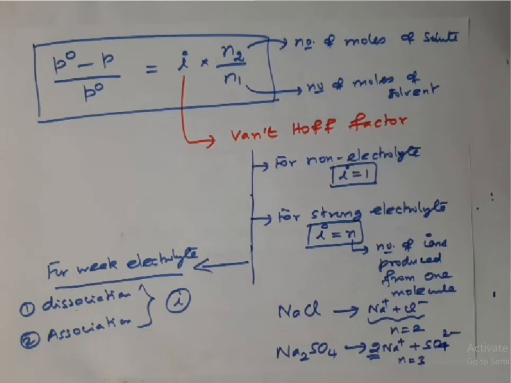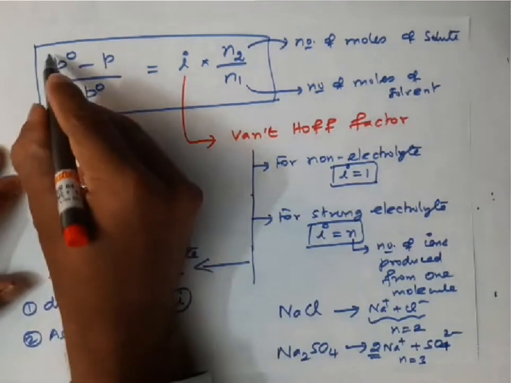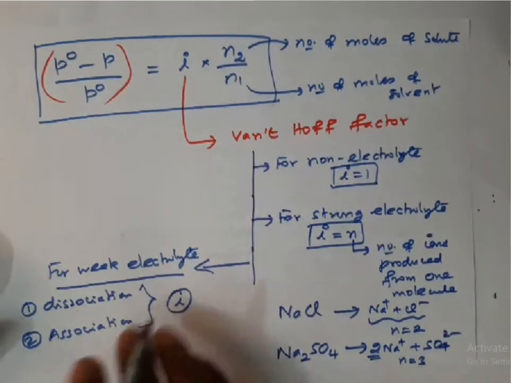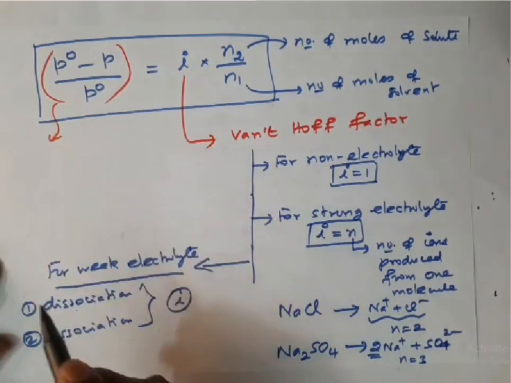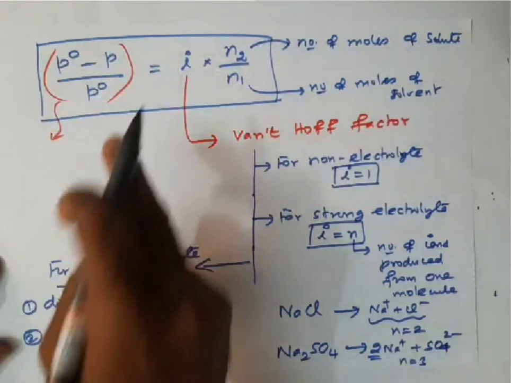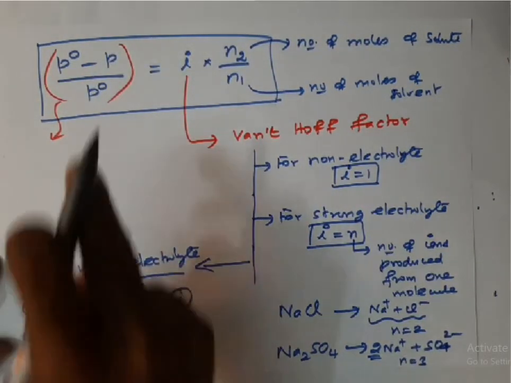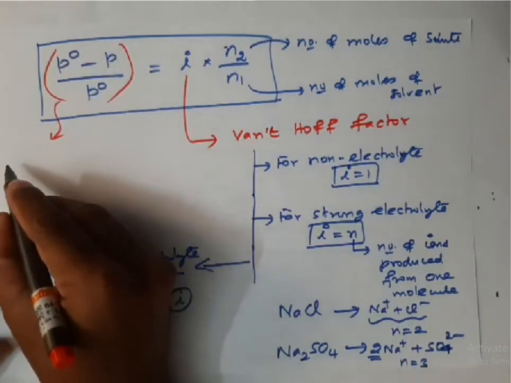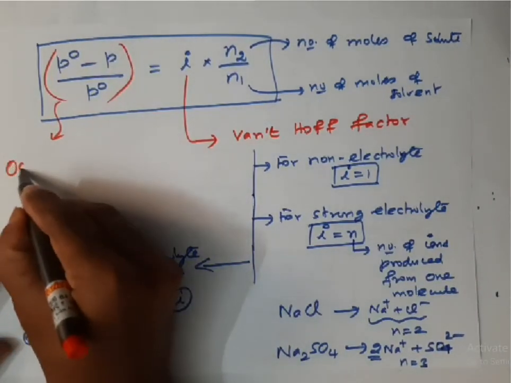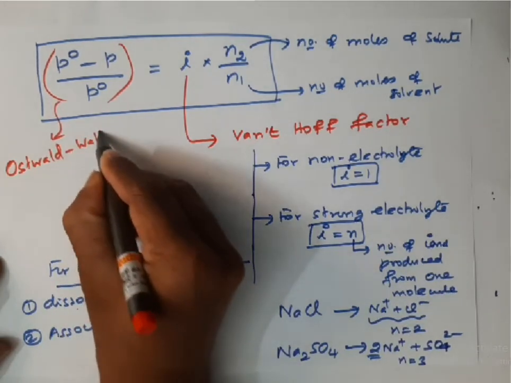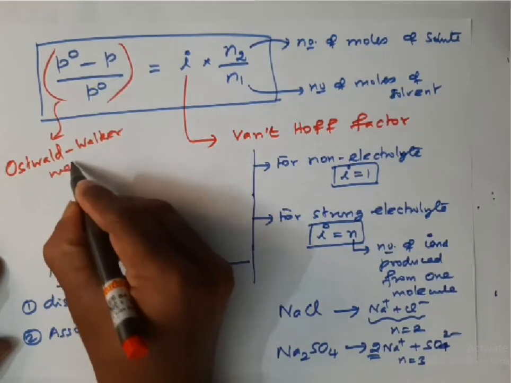Is this clear, students? Any doubt? This left-hand side quantity is called relative lowering of vapor pressure. It is an experimentally determinable quantity. We have a method called the Ostwald-Walker method.